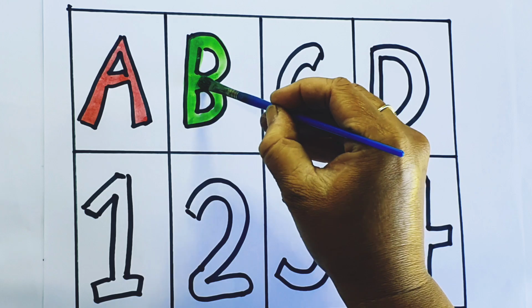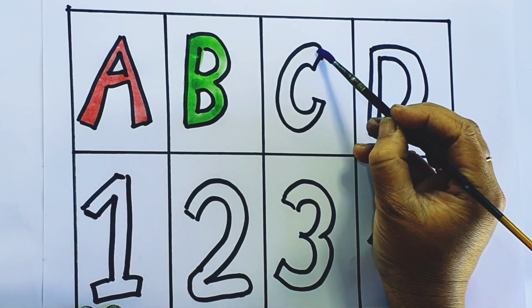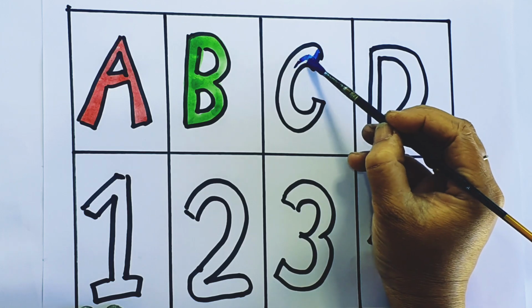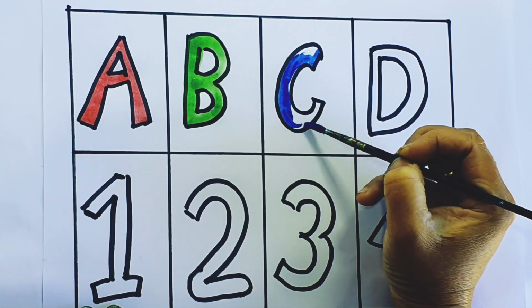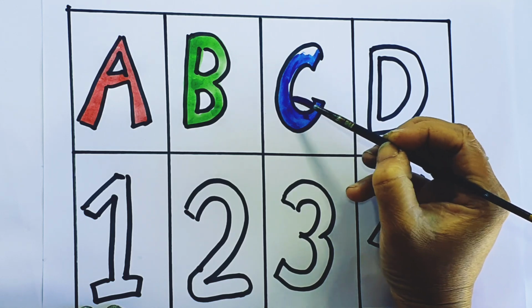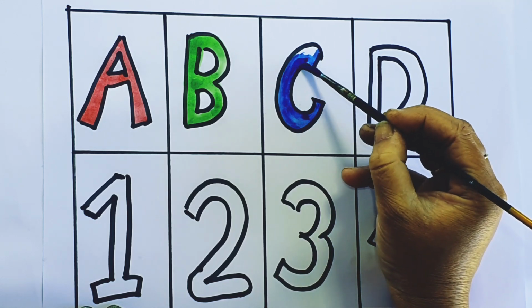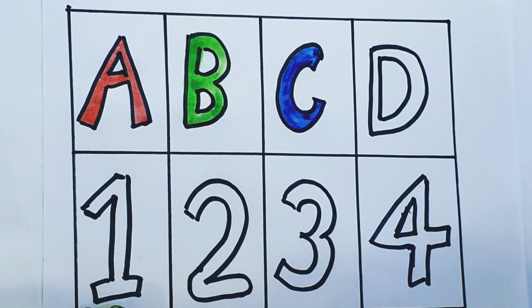B for ball. Blue color. C for cat. C for candy. C for cat. C for candy.